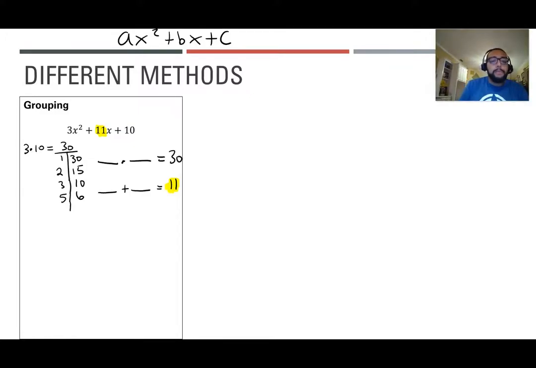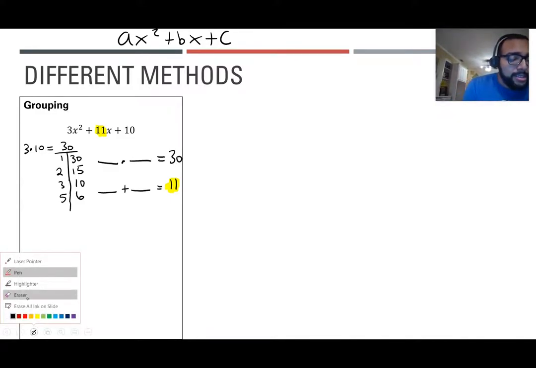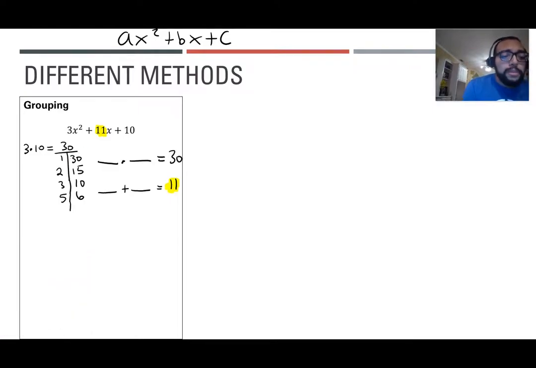So between those four pairs, we need to pick one that will get us 30 when you multiply and 11 when you add. Well, in this case, they're all positive, so that's not too terrible. Well, 1 plus 30, no, that won't be 11. 2 and 15, it'll be 17, and 2 minus 15, negative 13. Nope. 3 plus 10 is 13. Not 11. Oh, what about 5 and 6? 5 plus 6 is 11, and 5 times 6 is 30.